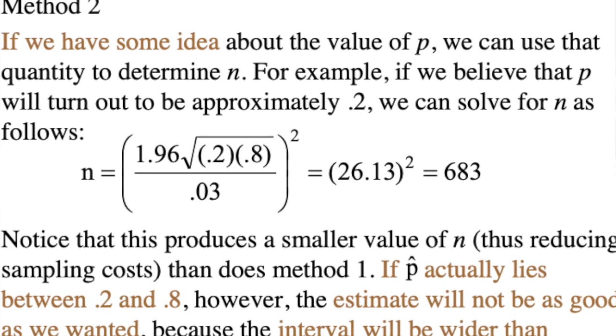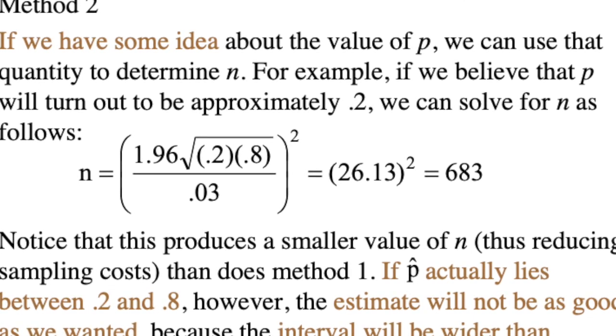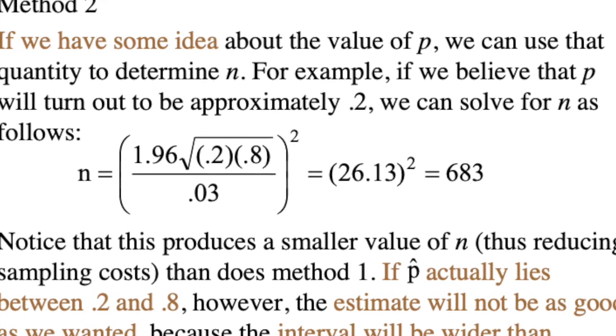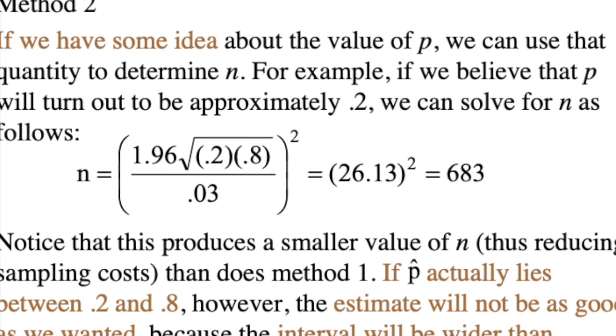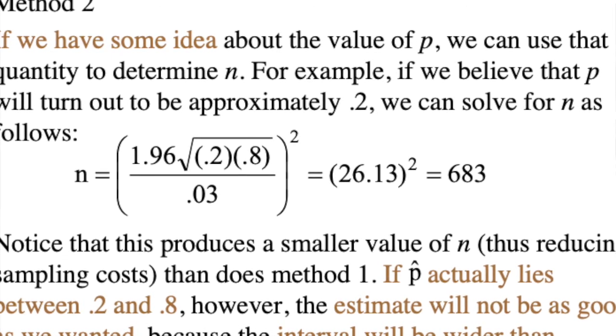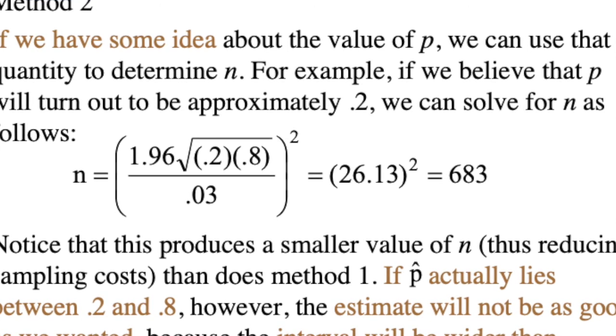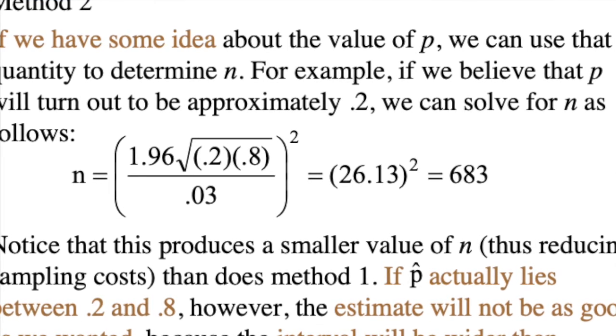That's why if you do an estimate, you should go conservative, in the sense that your estimate is the closest value to 50% that you think the population proportion would be.